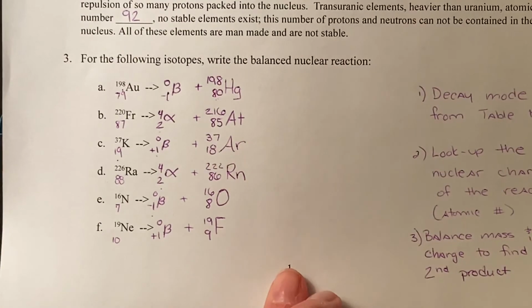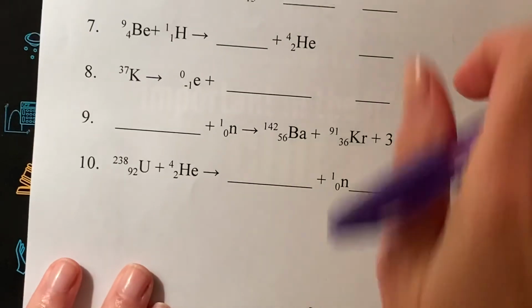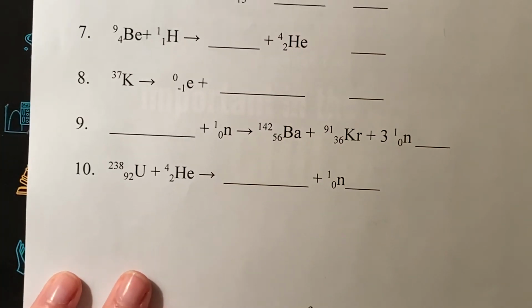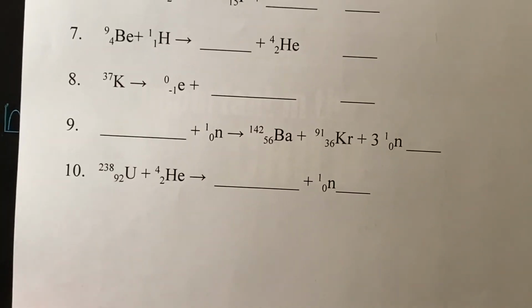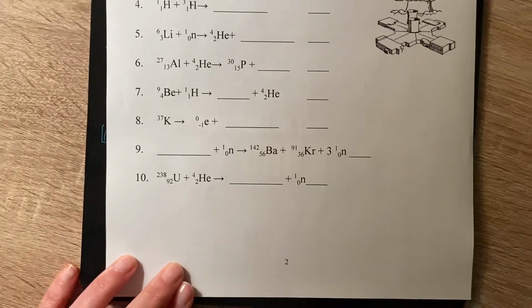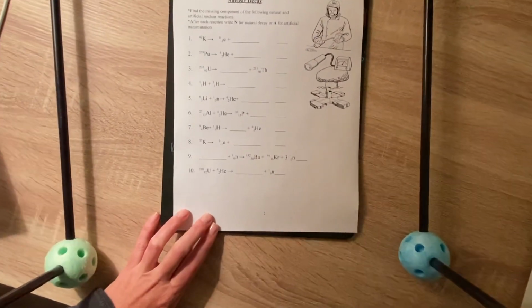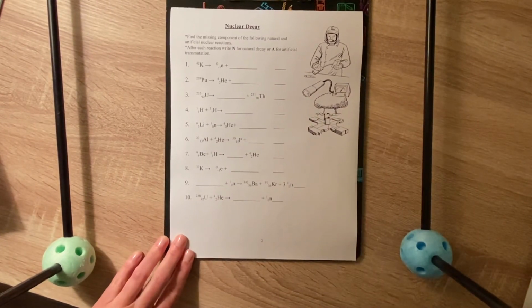So what you're going to do is continue on to the next page. And you're just going to complete the following. You're not going to do all of these. Let me just scroll out a little bit here. You're not going to do all of them because they're not all natural decay reactions.